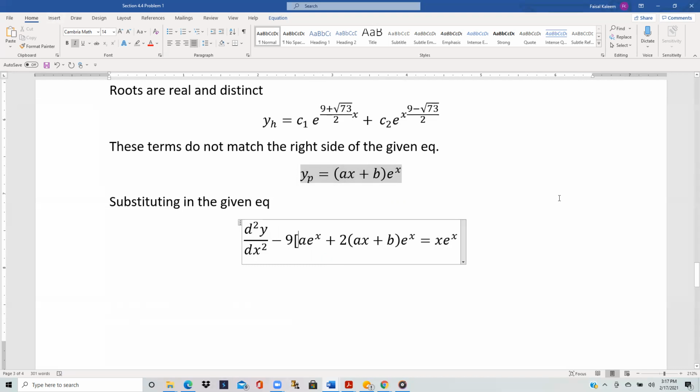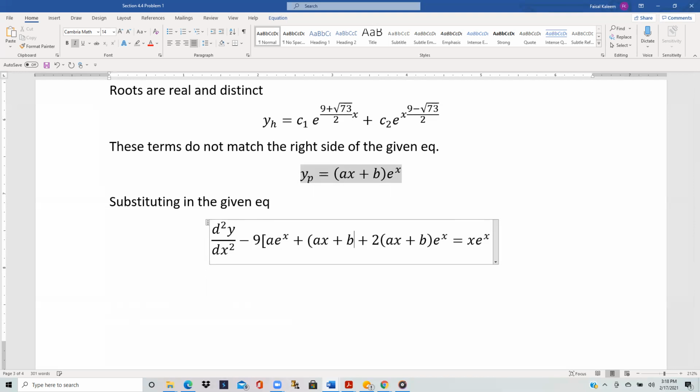Okay. So a is the derivative of the first function, ax plus b, and I kept the e to the x, and then plus, now I keep the ax plus b, and I take the derivative of e to the x, which is e to the x.